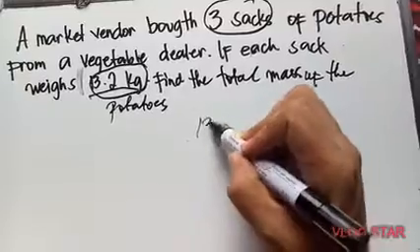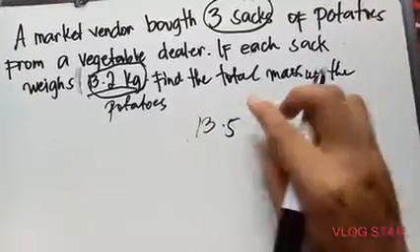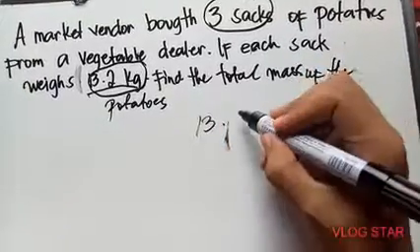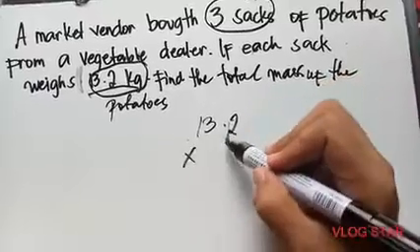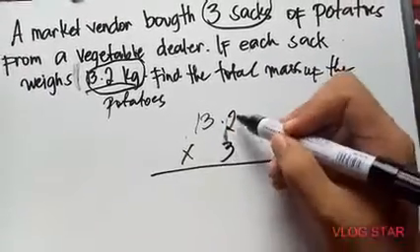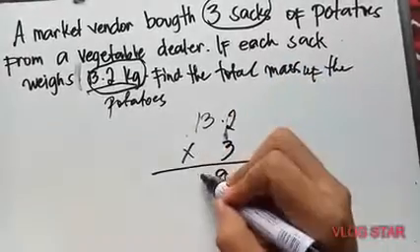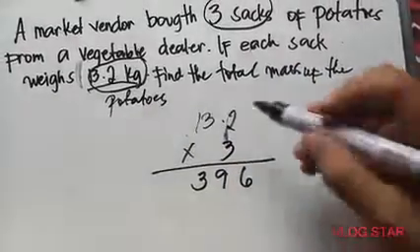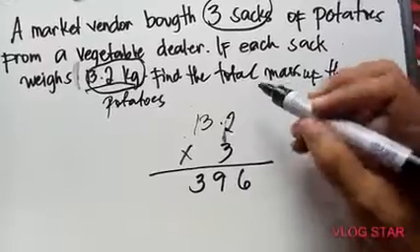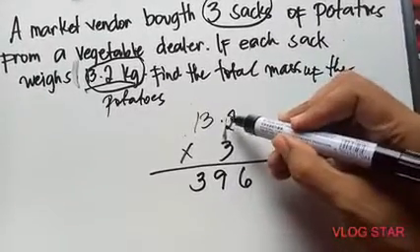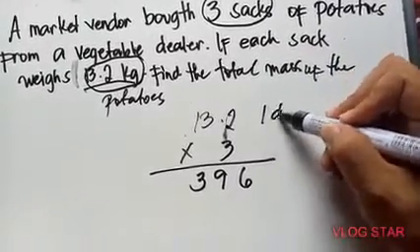So 13.2 times 3. 3 times 2 is 6, 3 times 3 is 9, 3 times 1 is 3. Then after that, count the number of decimal places. We only have 1 decimal.